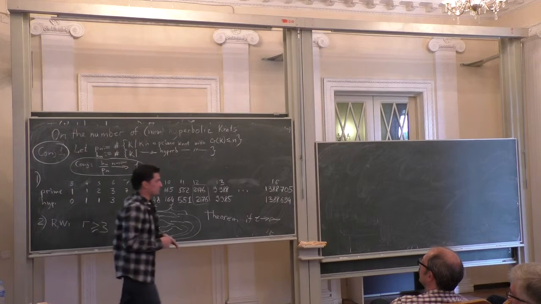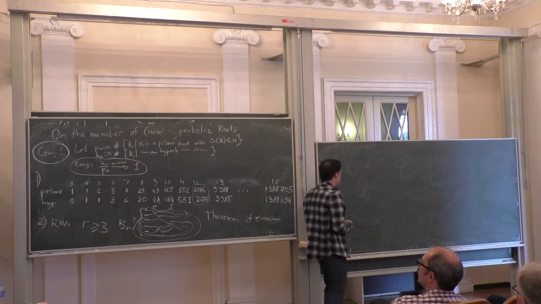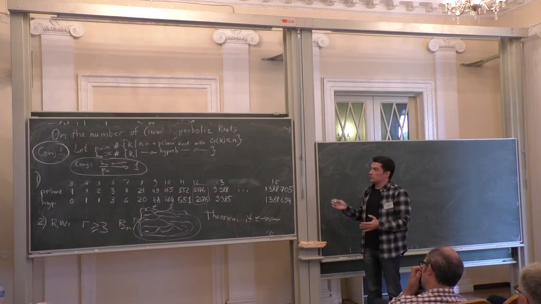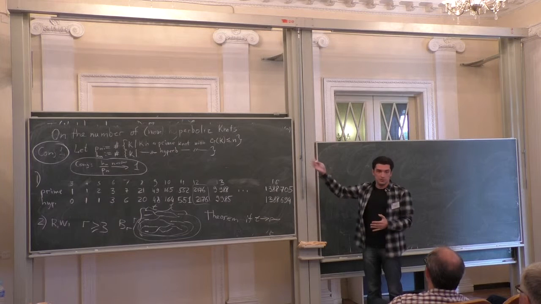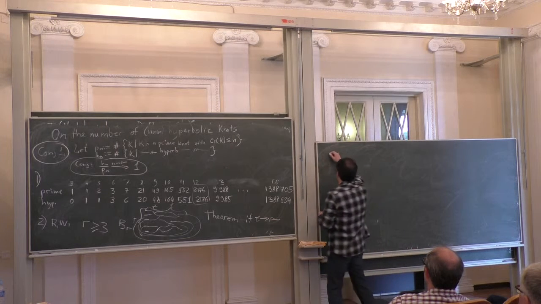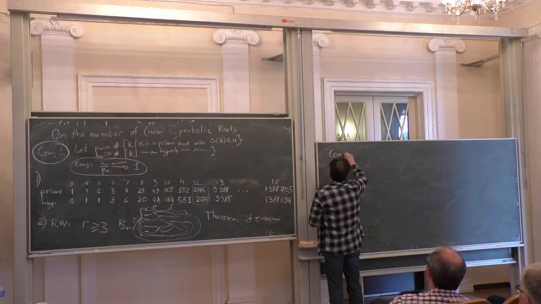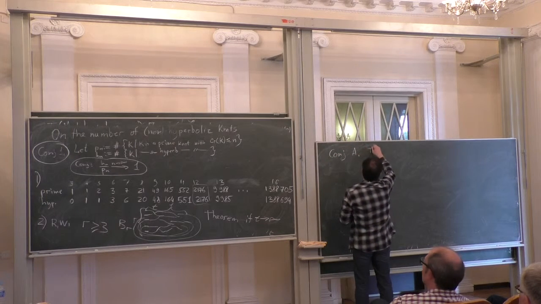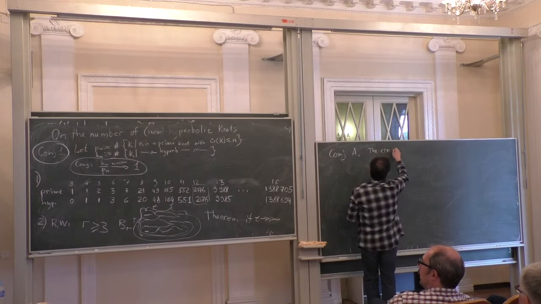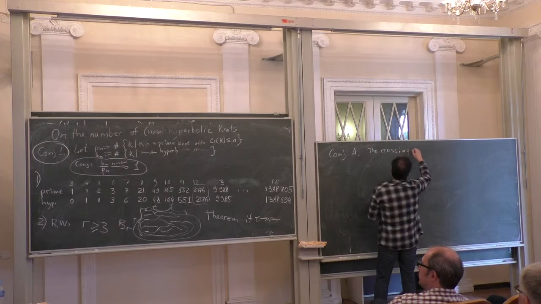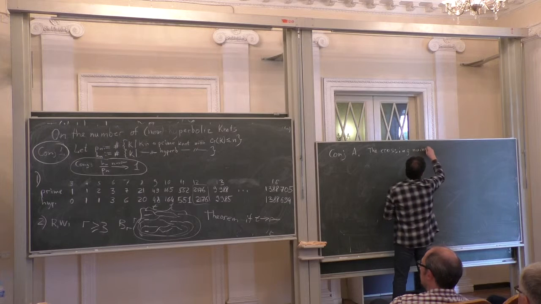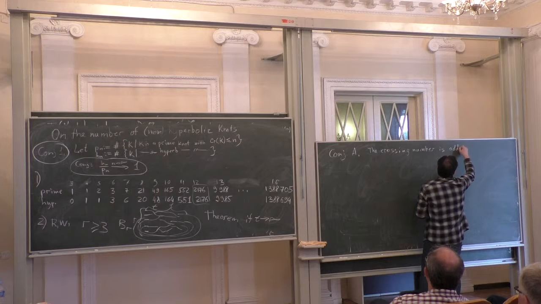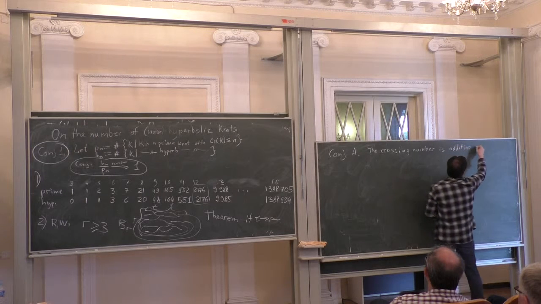First of all, there are other very plausible conjectures which contradict this one. For example, the crossing number is additive under connected sum.